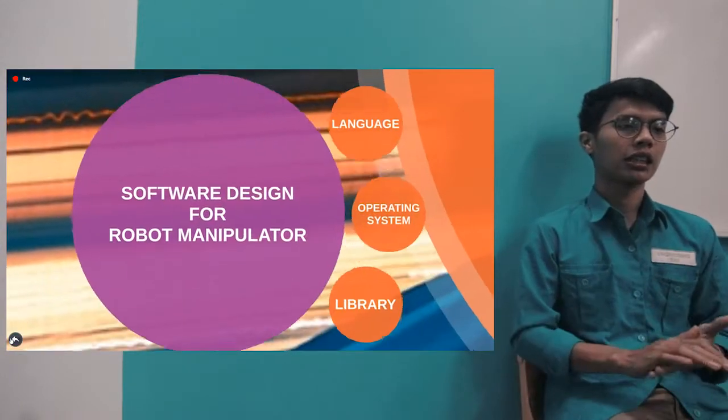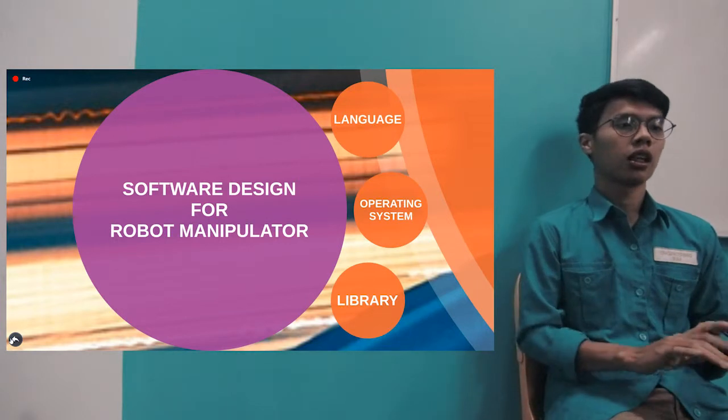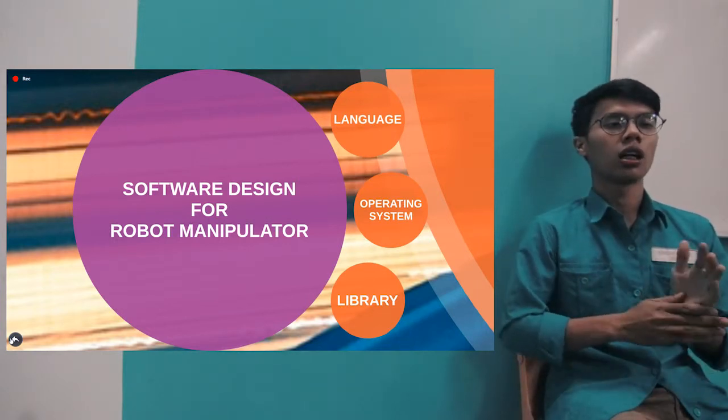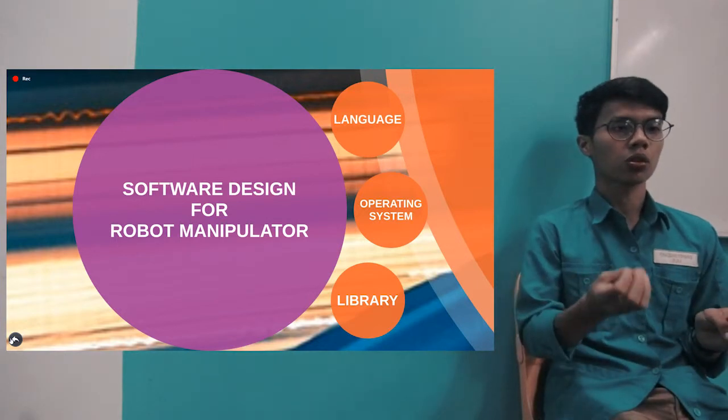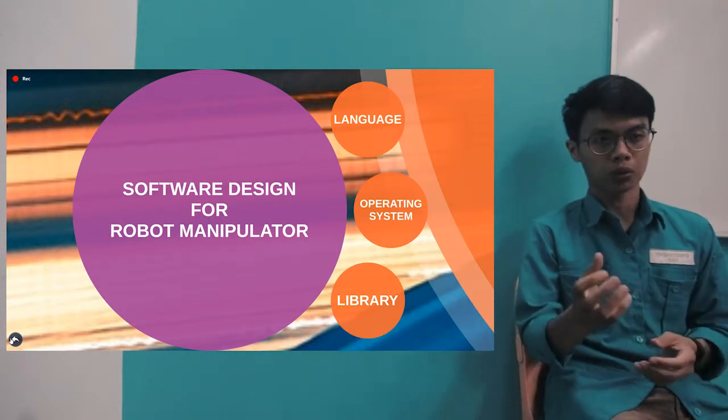For the software design, we are using the Arduino IDE itself, where in this Arduino IDE we use programming code to control all the stepper motor motion as the output.